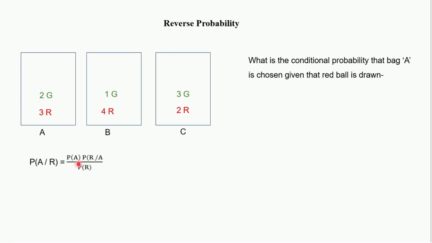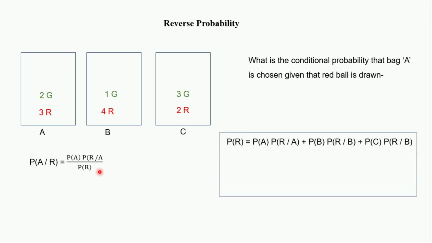And here you can see that the probability that a red ball is chosen, we will find with the help of total probability, as we saw earlier. As we saw earlier, the probability that a green ball is picked up, we combined all those probabilities. Similarly, here we are applying the same procedure.